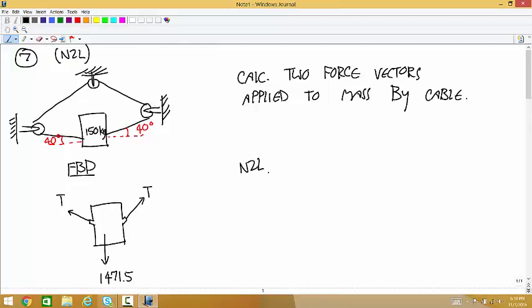So Newton's second law says 0, negative 1471.5 plus, to get from the positive x-axis to this is a 40-degree angle. So you have t times the cosine of 40 and the sine of 40. And that is 0.766t, 0.643t.